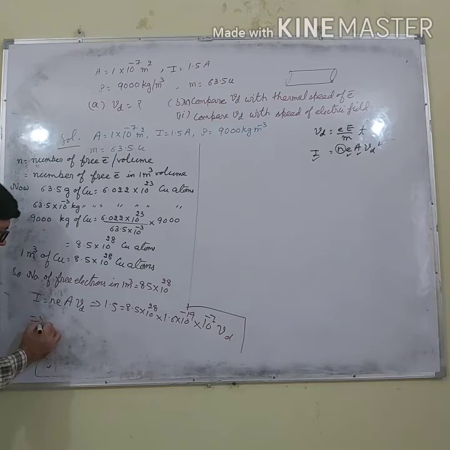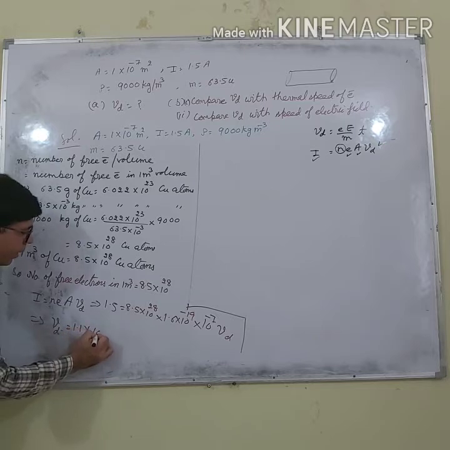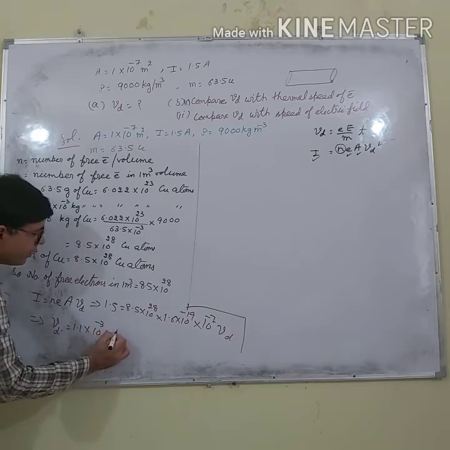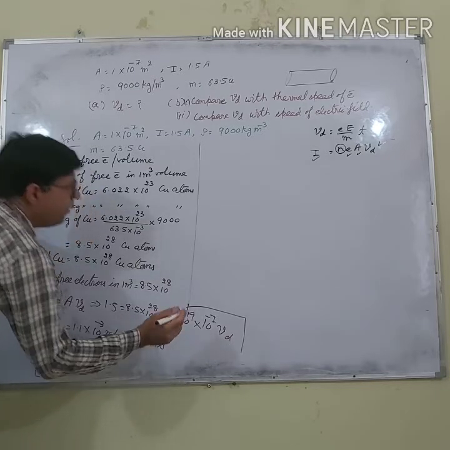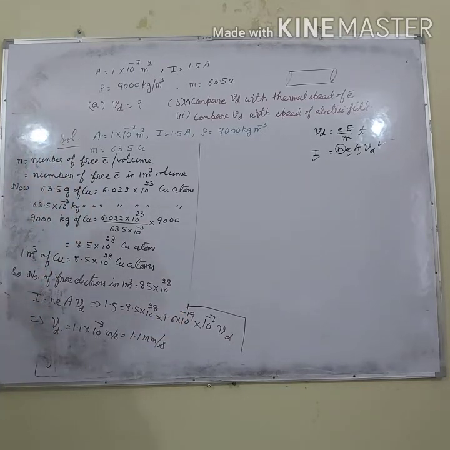From here, the drift velocity will be 1.1 10 to the power minus 3 meter per second, that is 1.1 millimeter per second. So this is the drift velocity of electrons in copper under the given conditions.